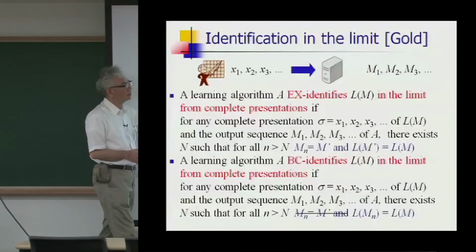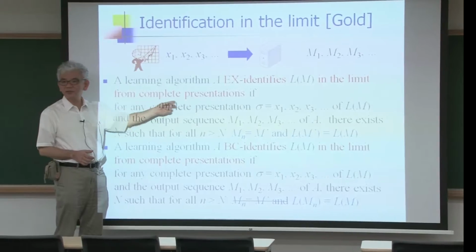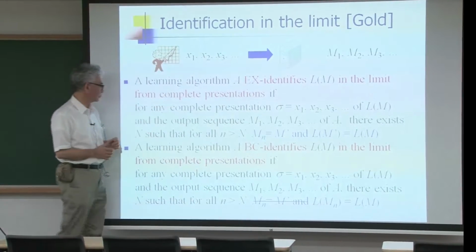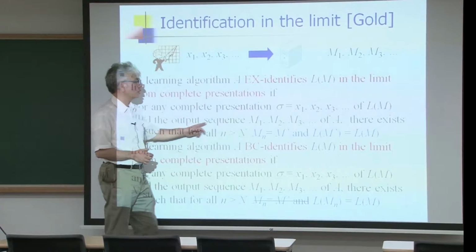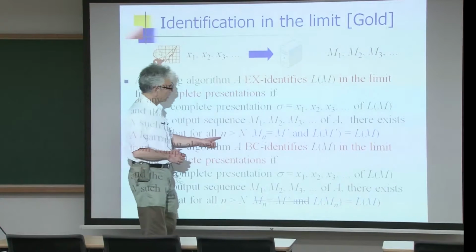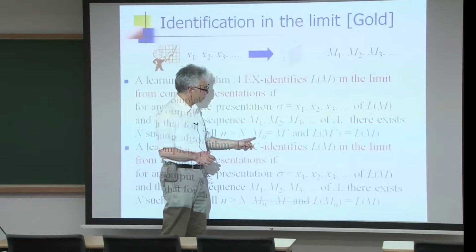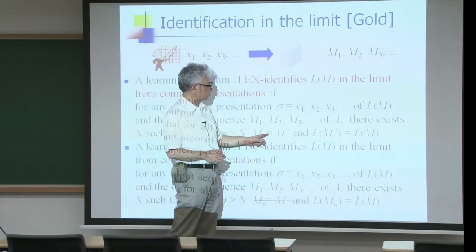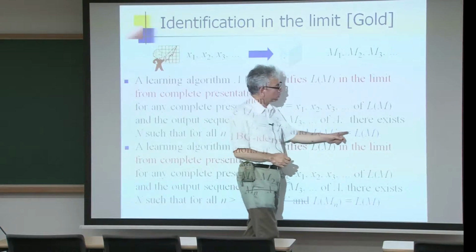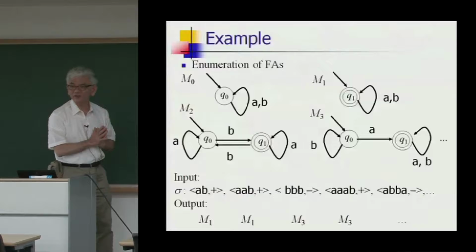A learning algorithm A EX-identifies L(M) in the limit from complete presentations if for any complete presentation sigma of L(M) and the output sequence M1, M2, M3 of A, there exists n such that for all n' more than n, the conjecture Mn' is some M' where the language of M' is equal to the language L(M). This is very complicated, but I will give an example.